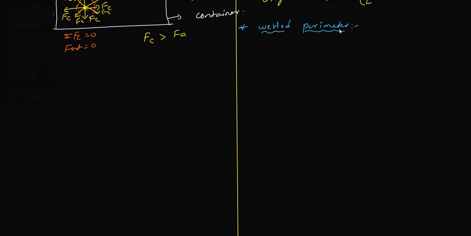It is where solid, liquid, and gas are in contact. That perimeter is called the wetted perimeter: the perimeter where all three states of matter, solid, liquid, and gas, are in contact with each other.